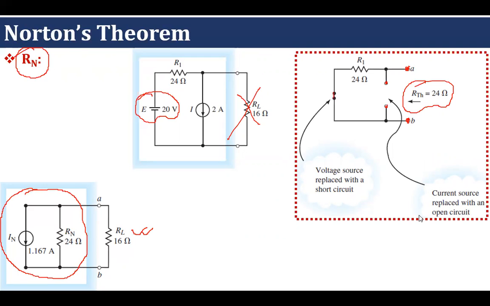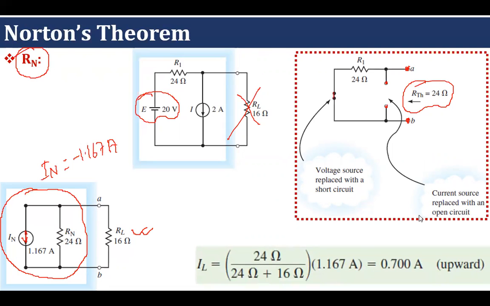So finally this will be the Norton equivalent circuit, and this is the actual load which we have. Now why is the direction of this current source downside? Because we got the value of IN equal to minus 1.167 ampere. So how much will be the load current? Apply the current division rule. Here we have a current source, and we have 2 resistors connected in parallel.